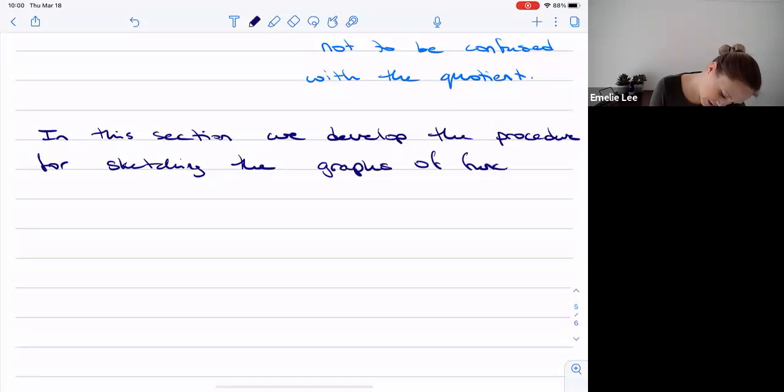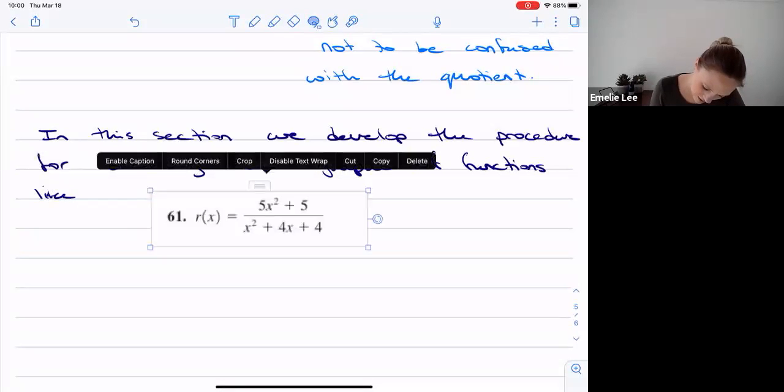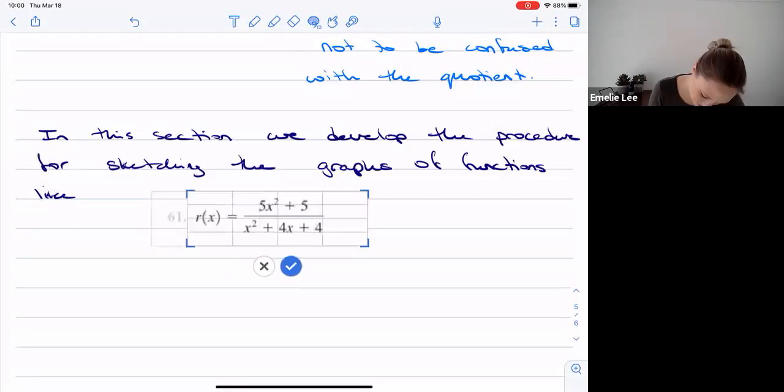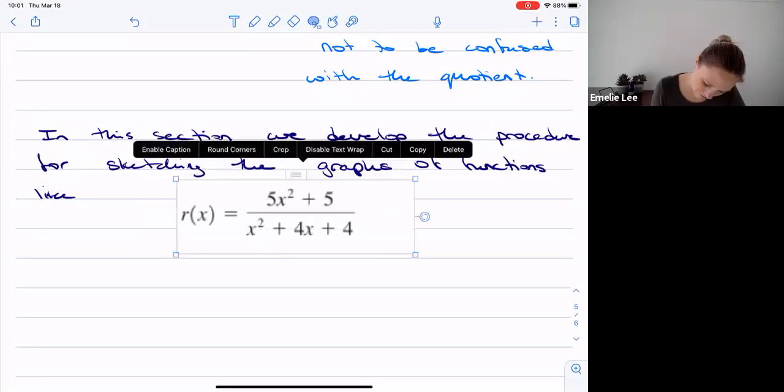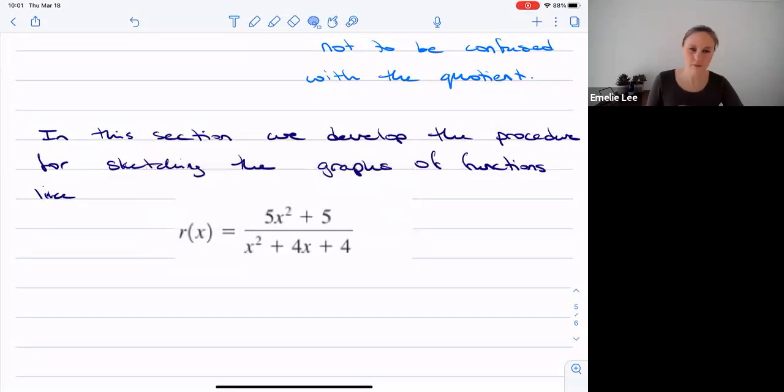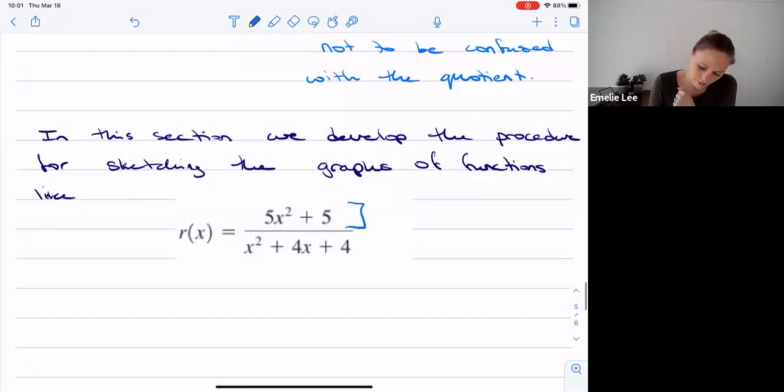So we'll develop the procedure for sketching the graphs of functions like this. And maybe I'll cut that question number here. So here, I'm going to call this guy P of x and this guy Q of x, right?